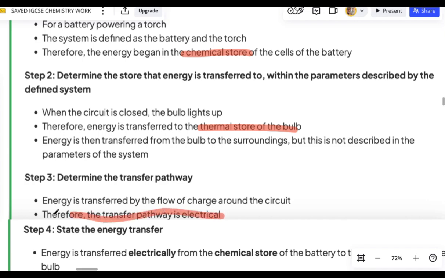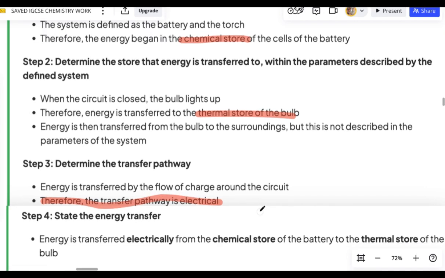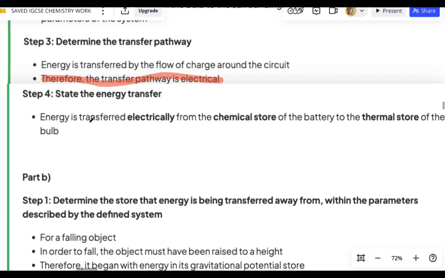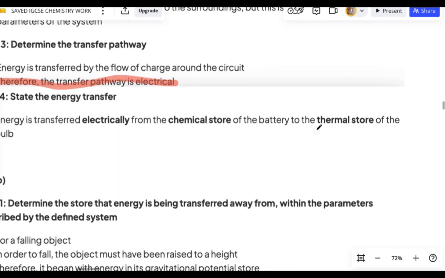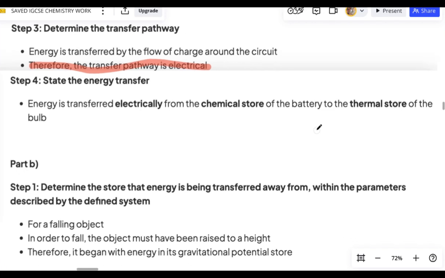So here you are just mentioning the pathway with which the energy is transferred. The third step is that energy is transferred electrically from the chemical store of the battery to the thermal store of the bulb. This is the method of transfer.